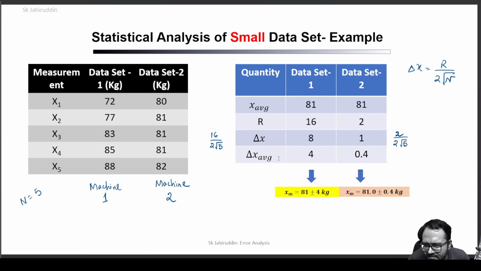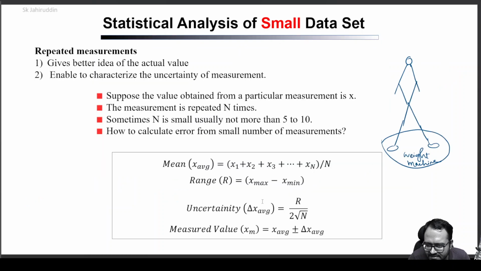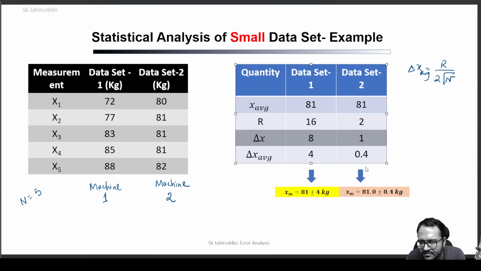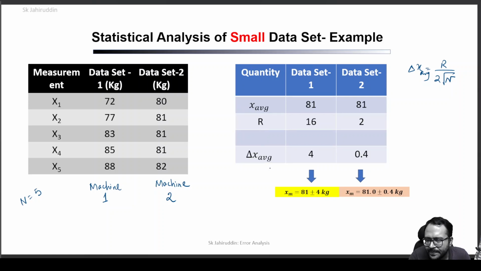I'm sorry, I missed that step. Delta x is r by 2, and for data set 1 I did this here, 16 by 2 root 5 delta x average, and here it is 2 by 2 root 5.